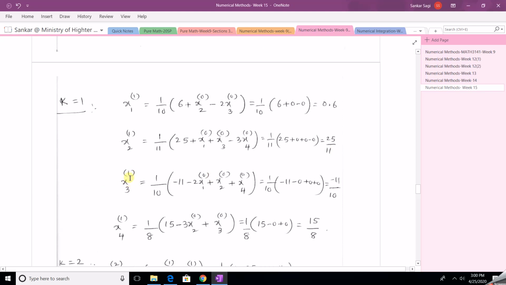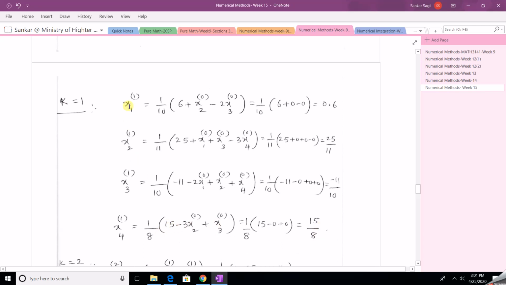Similarly, the first approximation of x3 is 1 over 10 times minus 11, and the other values being zeros, we get minus 11 over 10. The last one, the x4 first approximation, is 1 over 8 times 15 minus the initial approximations of x2 and x3, which are zeros. Therefore, you will be getting 15 over 8.